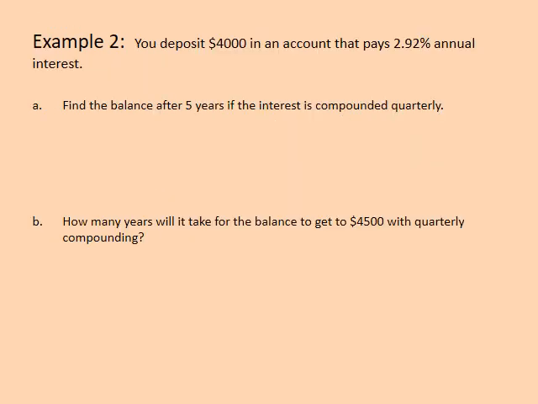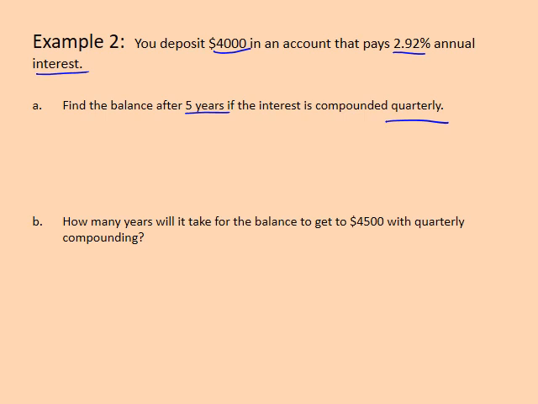This example explores compound interest. You deposit $4,000 in an account that pays 2.92% annual interest. Find the balance after 5 years if the interest is compounded quarterly.